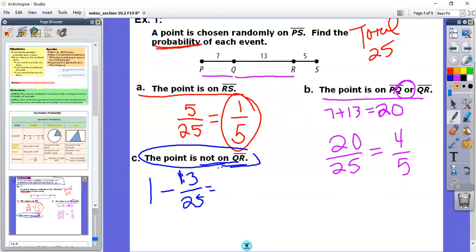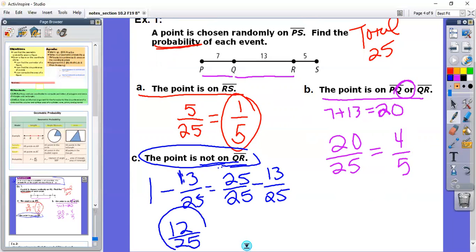Now, I've got some fractions here, so I'm going to convert the 1 to the same denominator, and then do my subtraction. I've got 25 minus 13, that's going to give me 12 over 25, and that's not going to reduce. So that's the probability of the point not being on the segment QR.